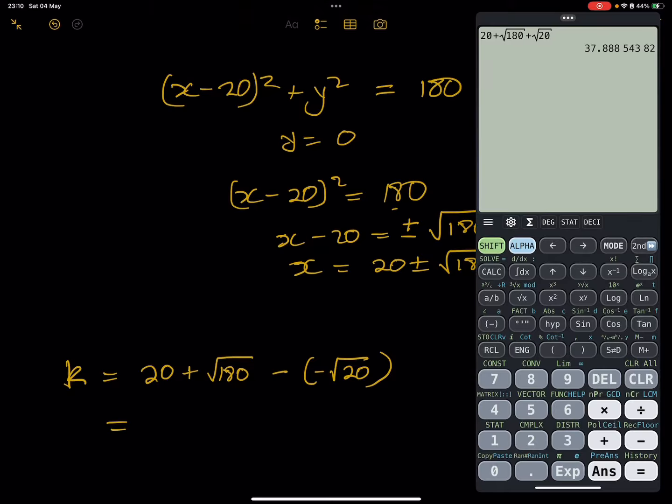So the first value will be 37.89. So that's the first value for k.